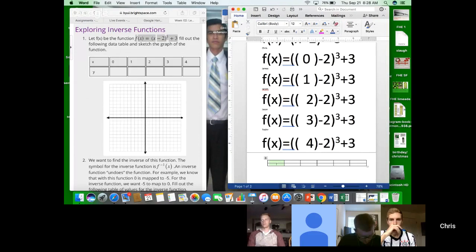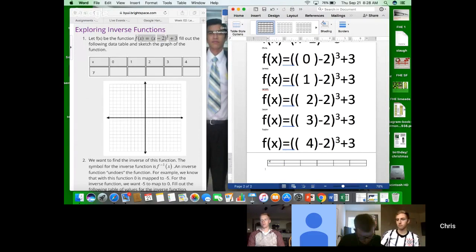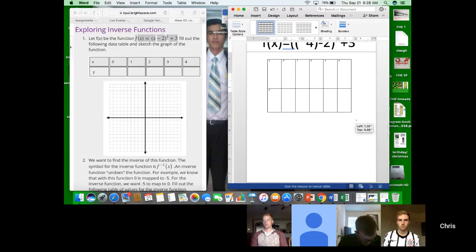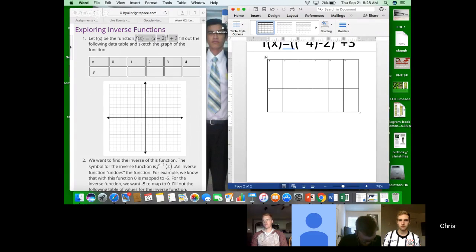I want that to be X and that to be Y. I want this to be 0, that to be 1, that to be 2, that to be 3, and that to be 4. Okay. Now we should be able to do this with a relative amount of ease.